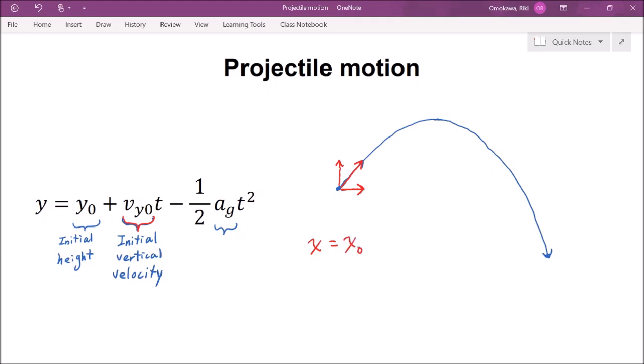Whatever x value you start with, plus whatever this horizontal velocity is, so v x sub 0 times t, and it just keeps going at that speed without any extra stuff in the formula. So it's a simple linear equation.